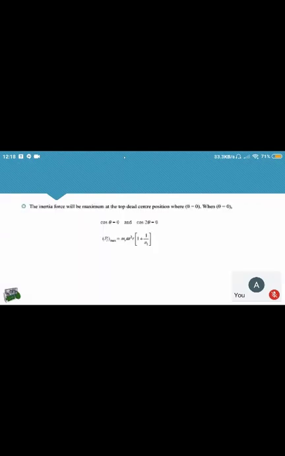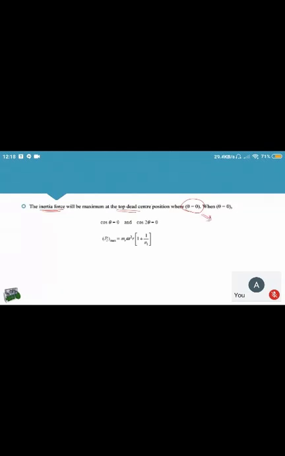Now the maximum inertia force is produced when the piston is about to reach TDC, and at TDC the crank angle is considered as 0.